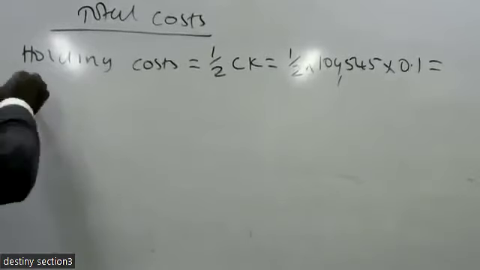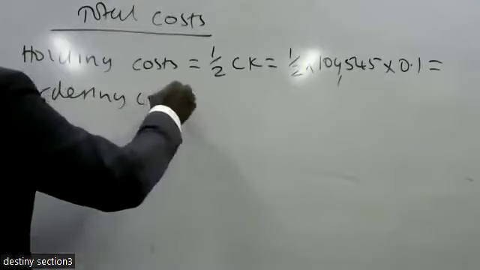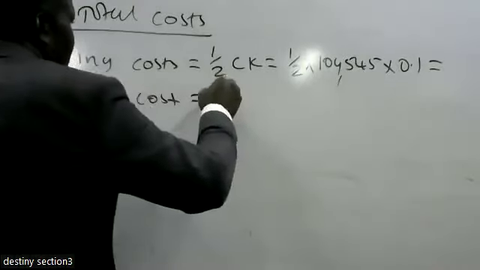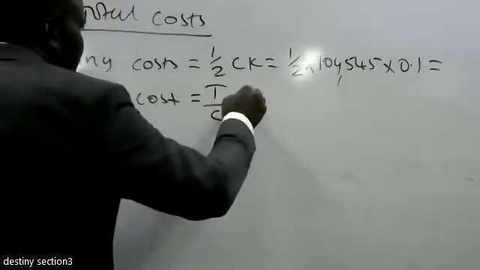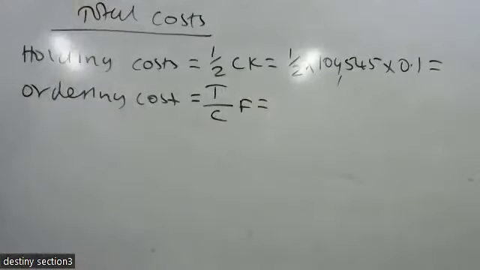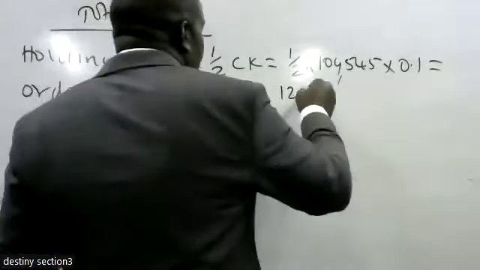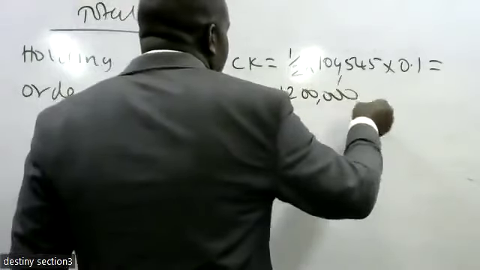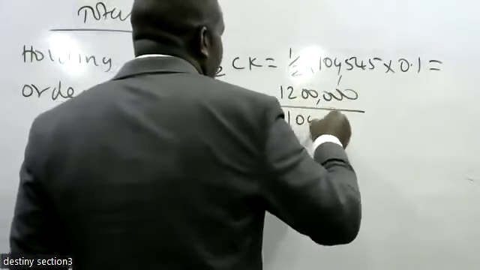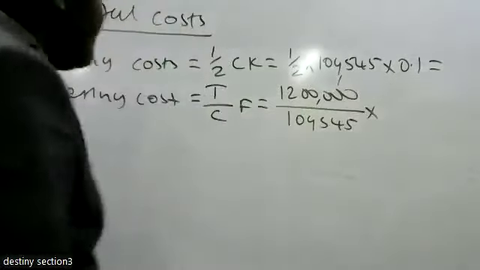Then factor in the ordering cost. The ordering cost is T divided by C multiplied by F. So T is 1.2 million, C is 109, and F was how much?